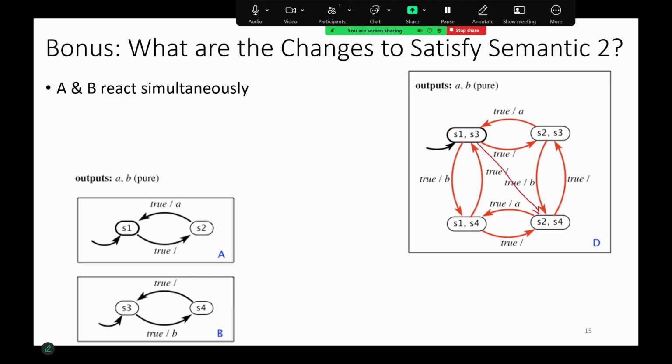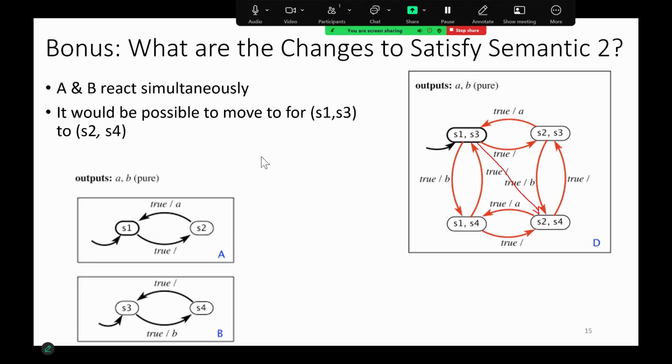But let's check the other direction, S2 S3 and then S1 S4. Yeah, you can have this also. Yeah, you can reach it. Yeah, you are right. Exactly. So it would be possible to move from S1 S3 to S2 S4.